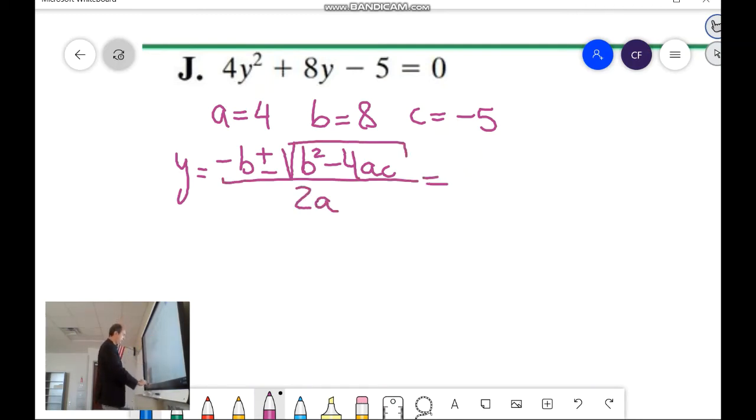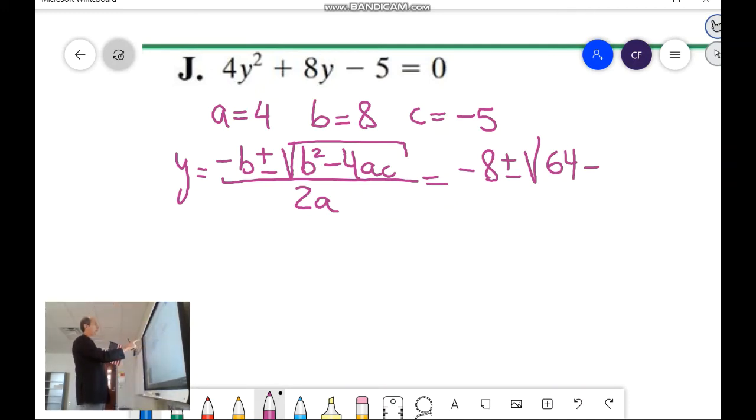Now let's plug in the numbers. Negative b is negative 8 plus or minus the square root, and b squared is 64, 8 squared, minus 4 times 4, 16, times negative 5, 80, right? No, sorry, 4 times 4, 16, times negative 5, positive 80.